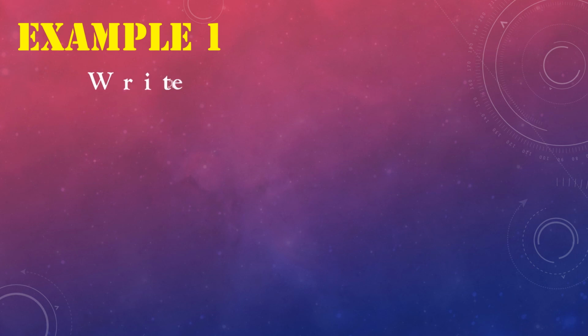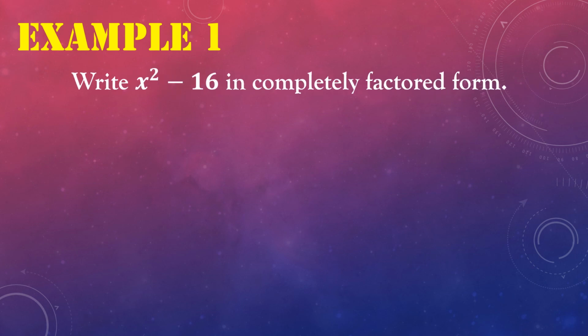Example number 1. Write x squared minus 16 in completely factored form. Solution. Step 1. Express the first and the second terms in exponential form with the power of 2.